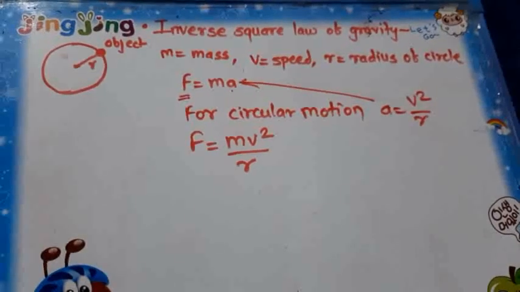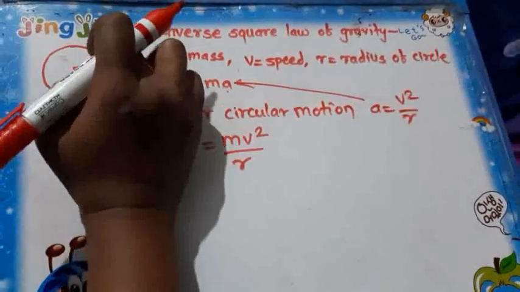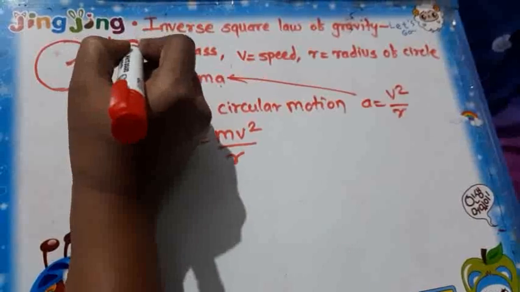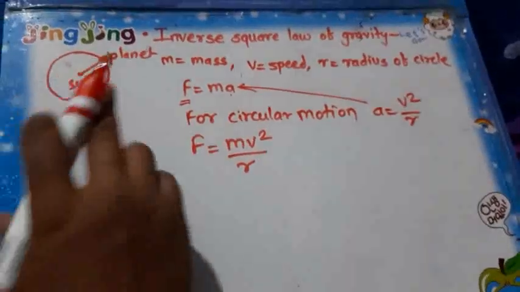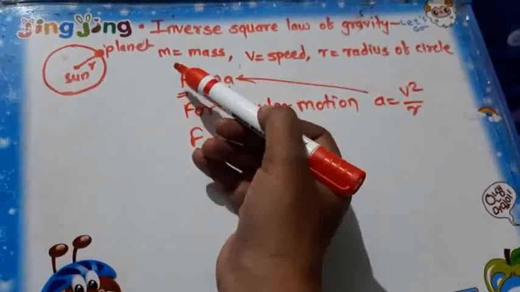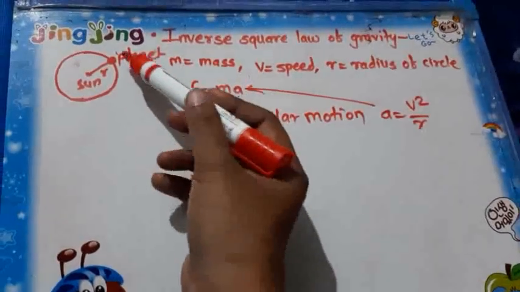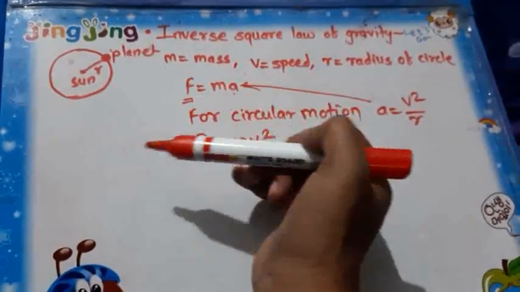Now this same concept we will apply for planets. Instead of an object, just suppose this is a planet, and at the center the sun is present. So all the things are the same. m will be the mass of the planet, v will be the speed of rotation of the planet around the sun, and r is the distance between sun and planet.